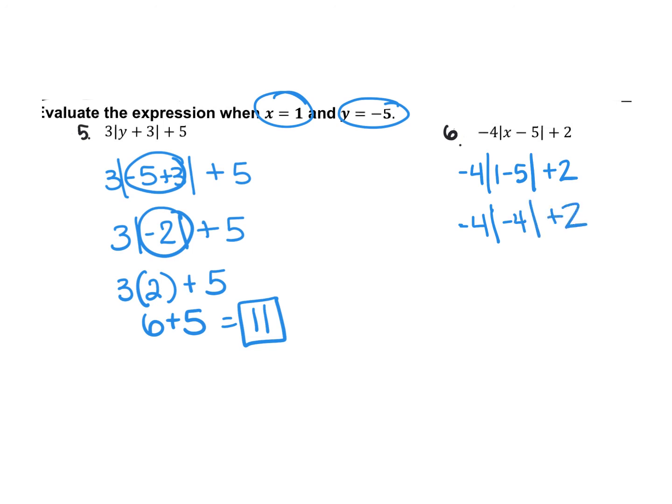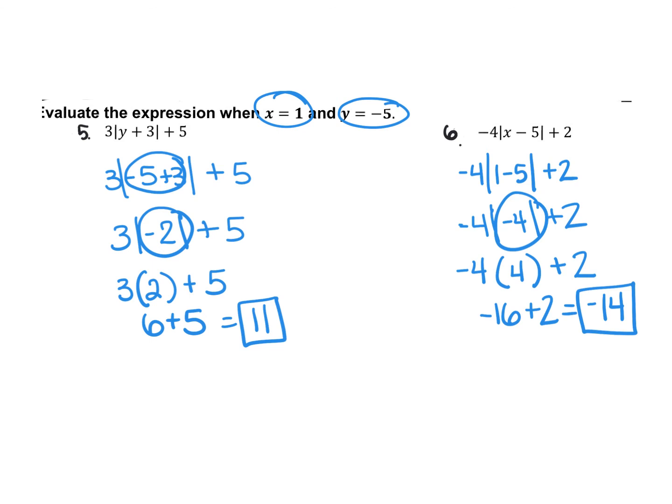All right, so I have my negative 4, and now remember we're taking this off, so the absolute value of negative 4 is positive 4, now plus 2. And so I'll have negative 16 plus 2, and then that's going to simplify then to negative 14.